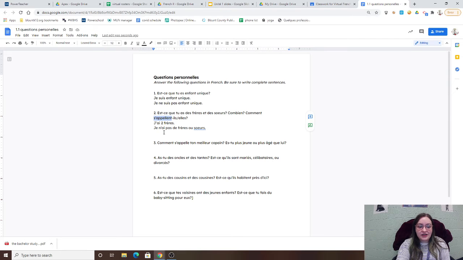So it's inverted, so you just have to flip it back. Ils s'appellent, their names are, and then whatever their names are, Michel, Franck. Michael and Frank, those are their names. Some of you are working too hard. It is easier than you think. You are going to make fewer mistakes just looking at the question and using your brain and what you've already learned.